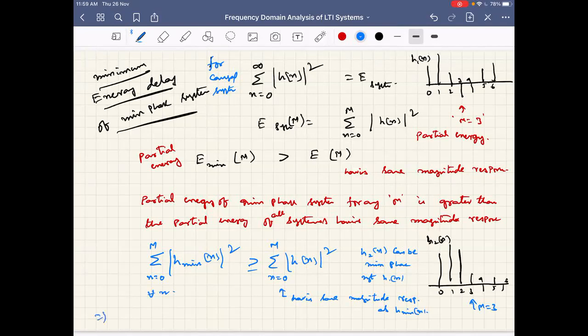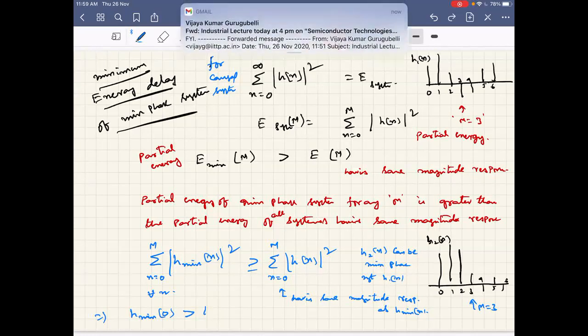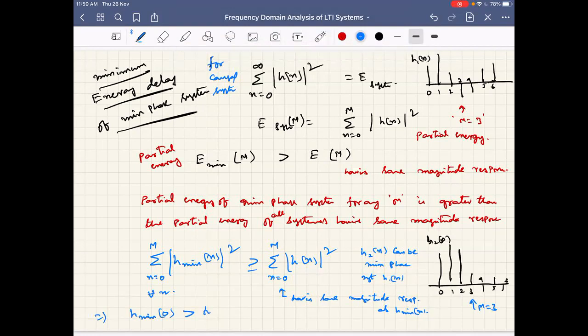So this also indicates that h minimum of 0 is greater than h of 0. That means the first sample at 0 will also be the highest for minimum phase systems. If the sample values at 0 are different, just by comparing them you can tell which is the minimum phase system.